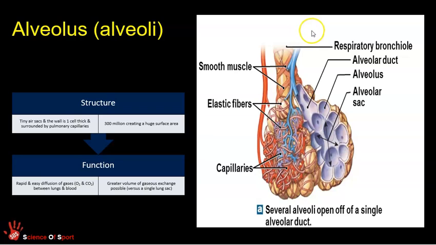The blue denotes deoxygenated blood coming back with lots of CO2 in it, and from the capillaries it diffuses through the capillary walls, through the thin walls of the alveoli into the air sacs, where we then breathe it out. So in both cases the gases can diffuse easily through these tiny thin walls, and to be honest, capillaries have very thin walls too. They're only 1 cell thick, making diffusion really easy.